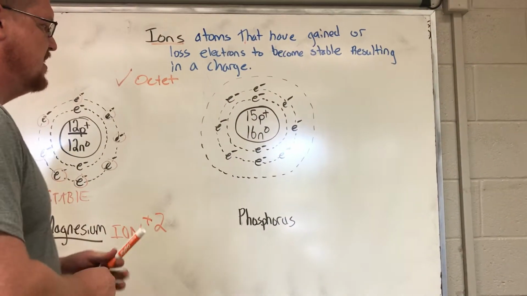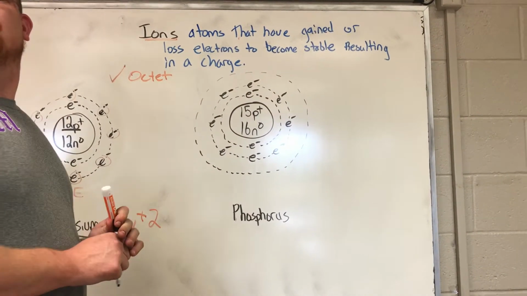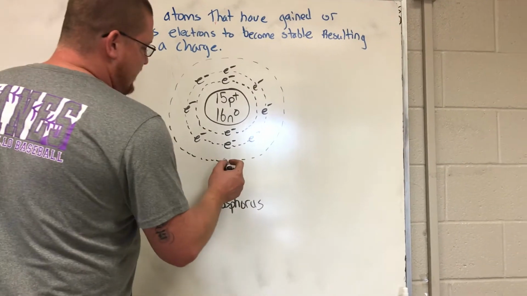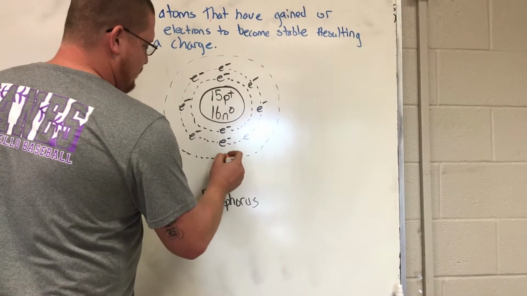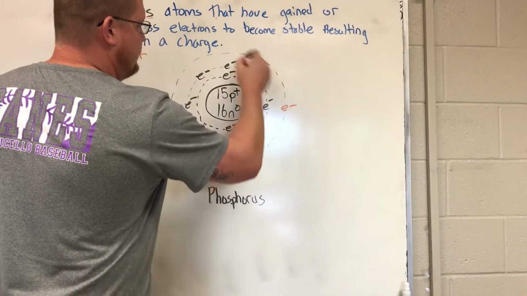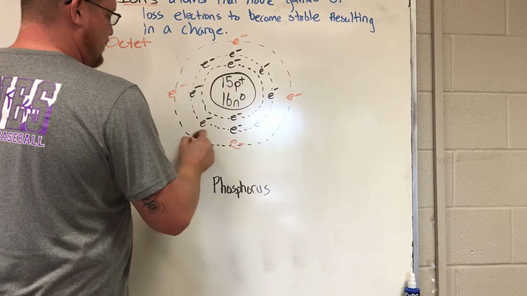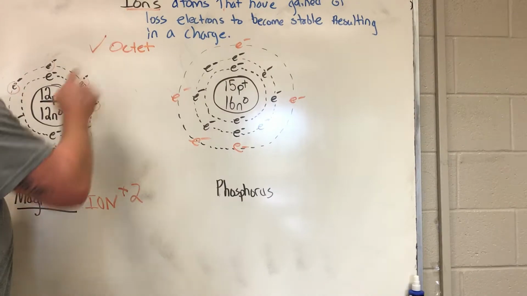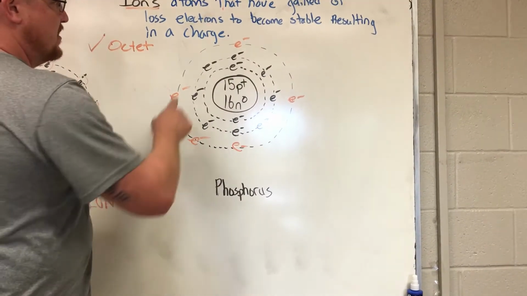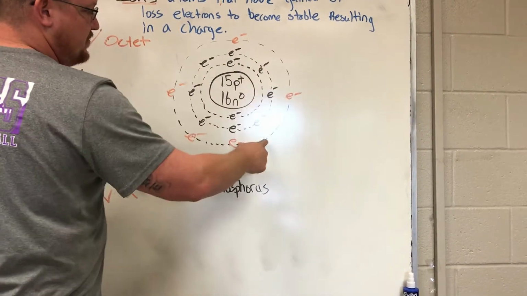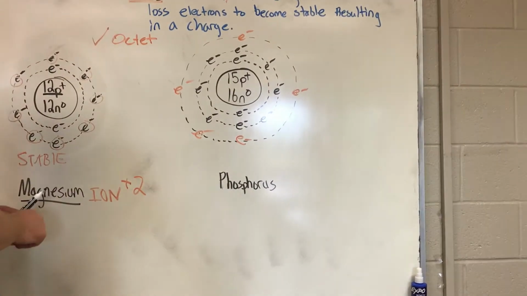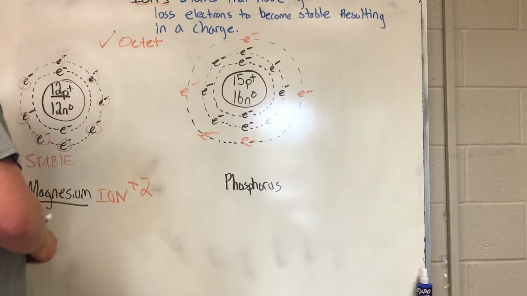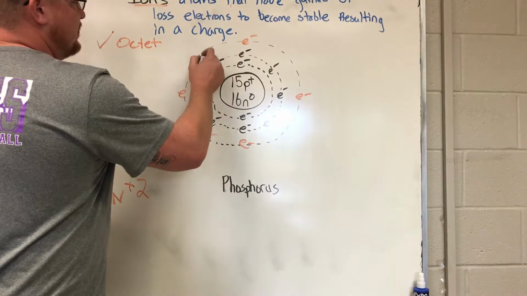This is phosphorus. Phosphorus is in group 15 on the periodic table, so it has 5 valence electrons. Phosphorus, in order to get its octet, has 2 options as well. We can gain 3, or we can lose 5. In this case, it is easier for phosphorus to gain 3.